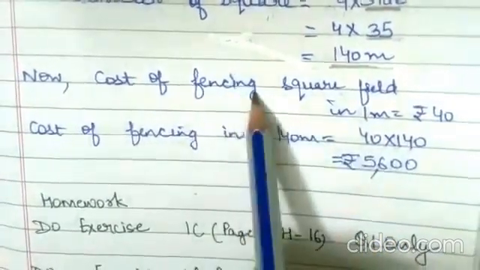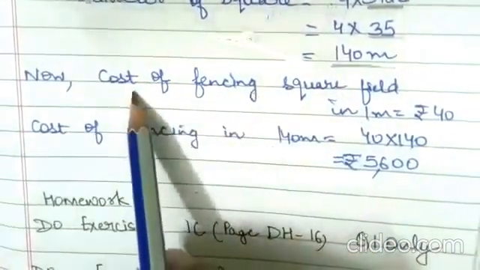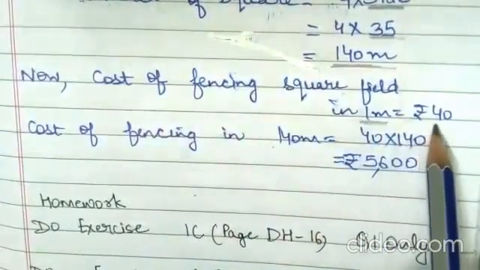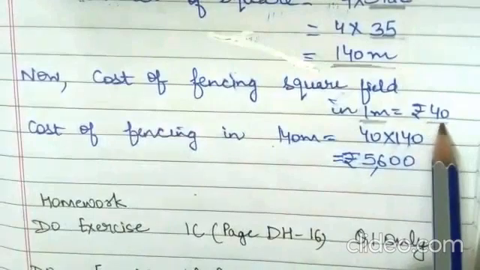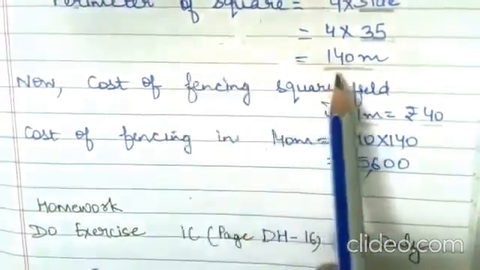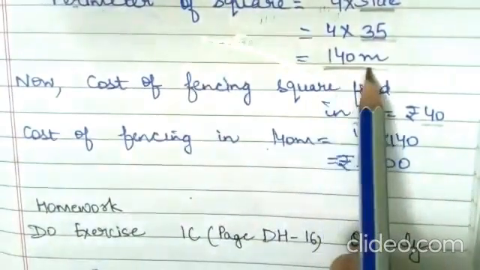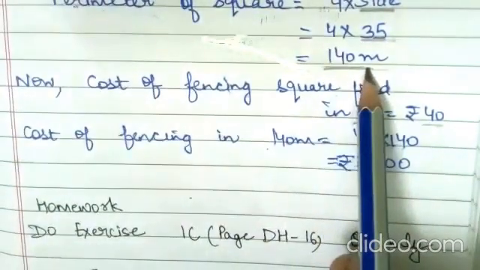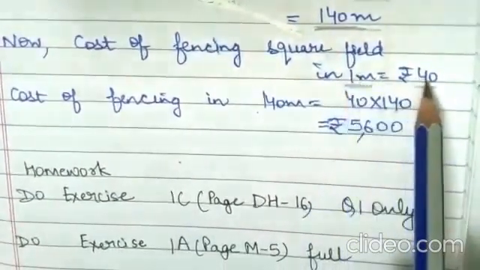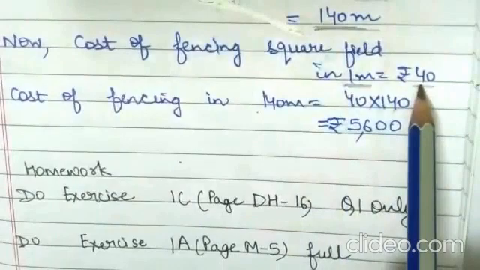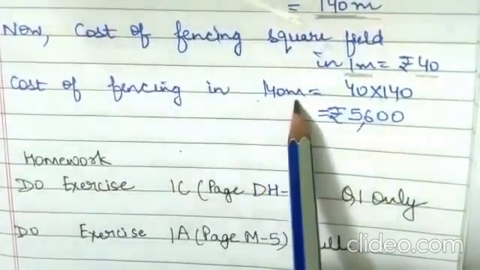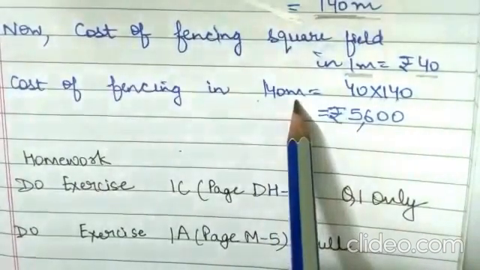Now children, in fencing, the cost for 1 meter is given to you, that is 40 rupees. And what was the total length of the square field? That is 140 meter. So it means for 1 meter the cost is given, and for 140 meters we have to find out.